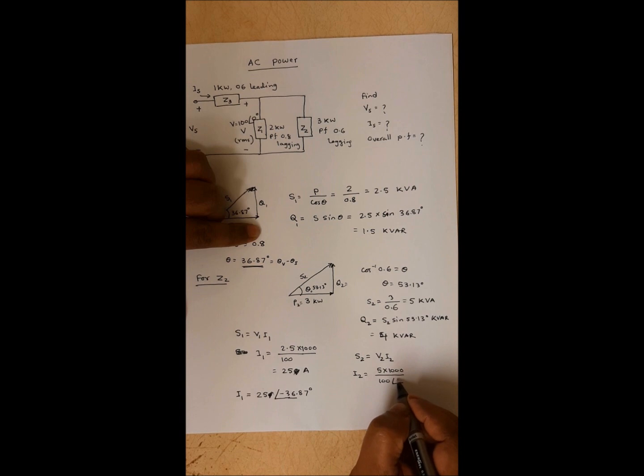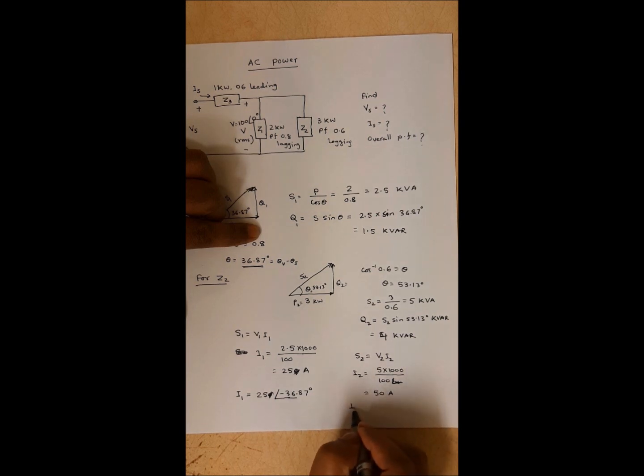So 100, and I write the magnitude only, so it will be 50 ampere. Now if I want to find the phasor form, that will be 50, and the angle is negative 53.13.